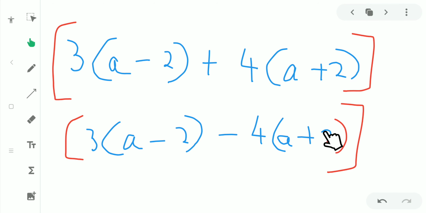Minus 4 into 2 is nothing but minus 8, minus 4a minus 8.